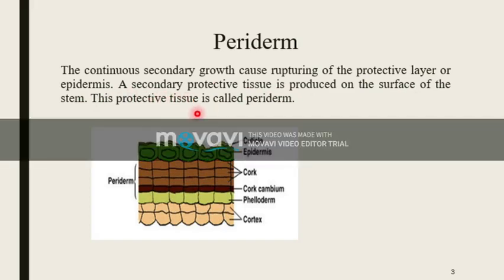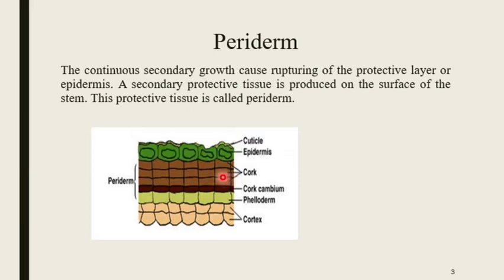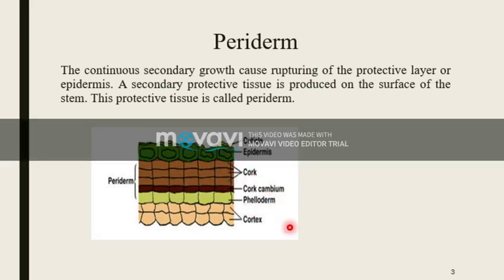As we have seen in the previous lecture, secondary vascular tissues are produced between xylem and phloem. The same thing happens in the cortex region where secondary growth takes place, which is in three layers: cork, cork cambium and phelloderm, and we collectively call these tissues periderm.